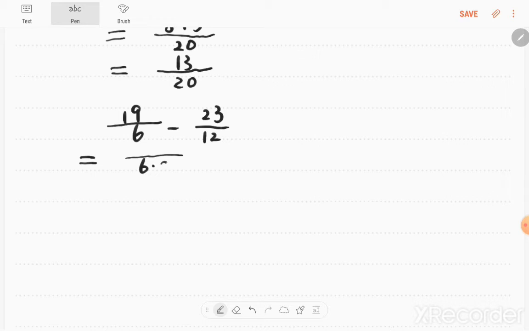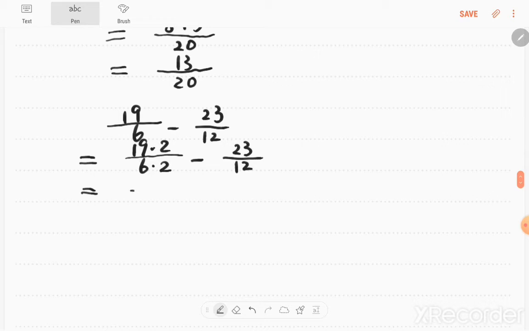So we do this step. 6 times 2, we can get 12. So we will do the same thing for the numerator, also times 2. So 12 is already our least common denominator, so we do not need to do any action.